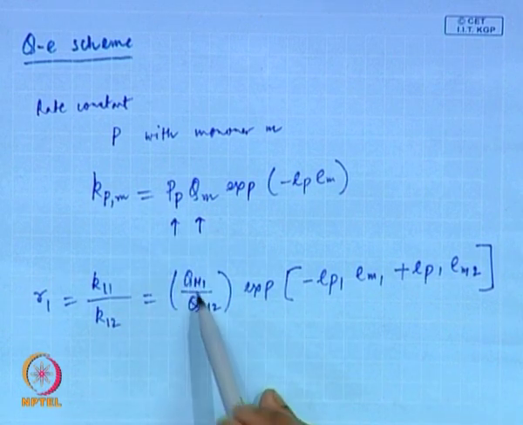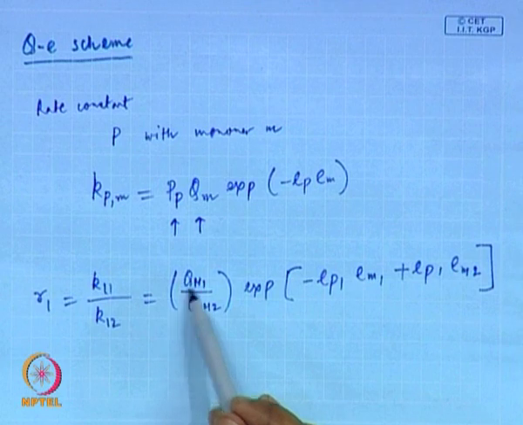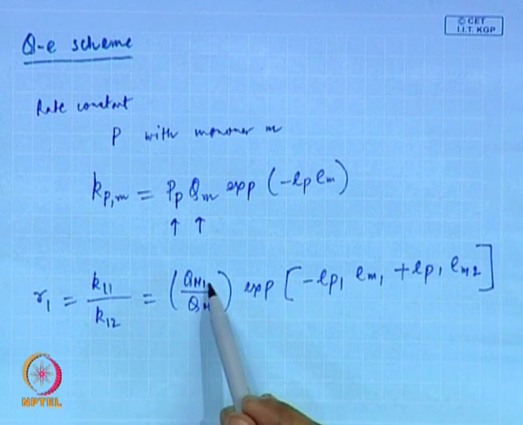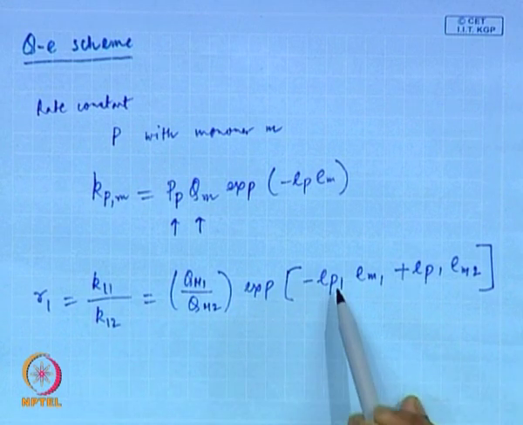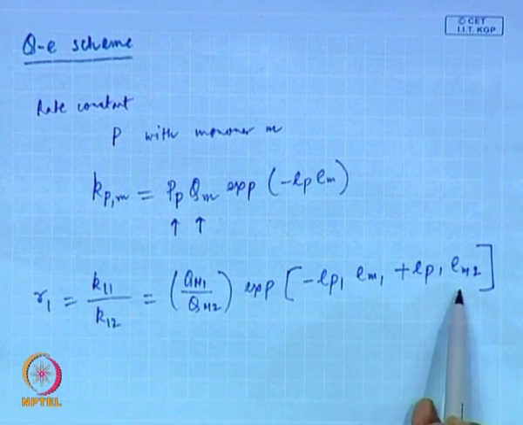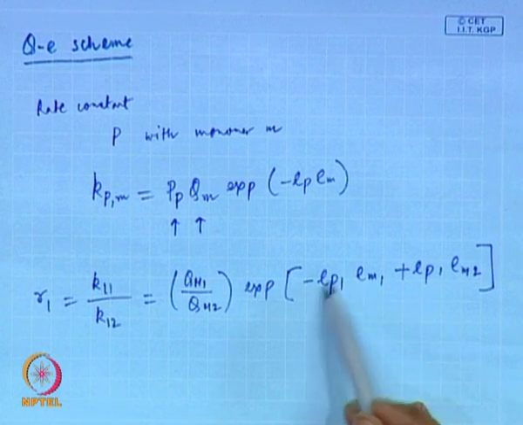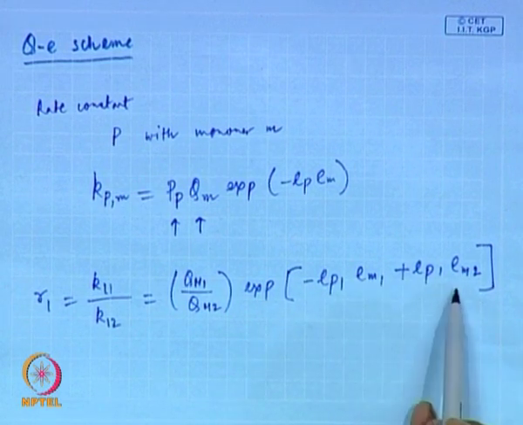Where this is the measure of reactivity of monomer 1 and this is the measure of reactivity of monomer 2. These are the electrostatic charges on the polymer radical and the monomer.